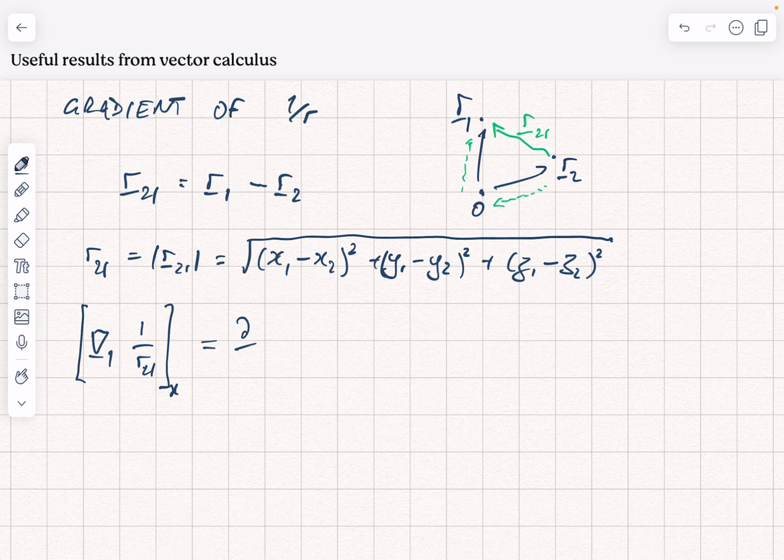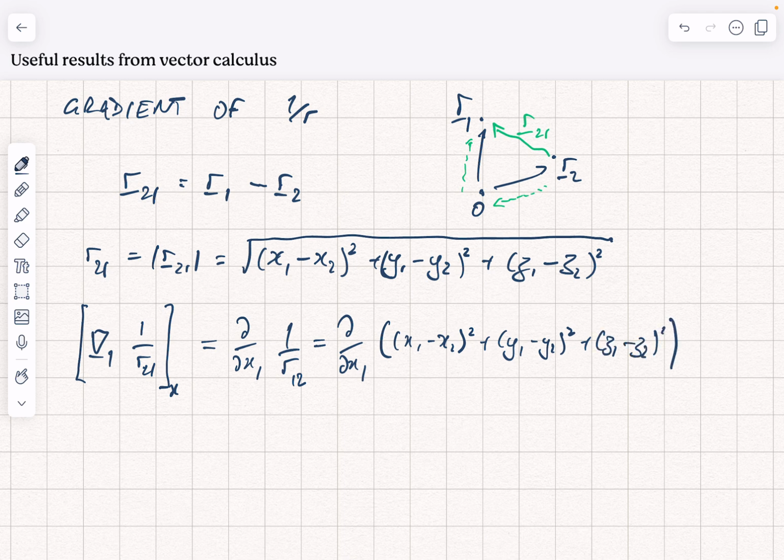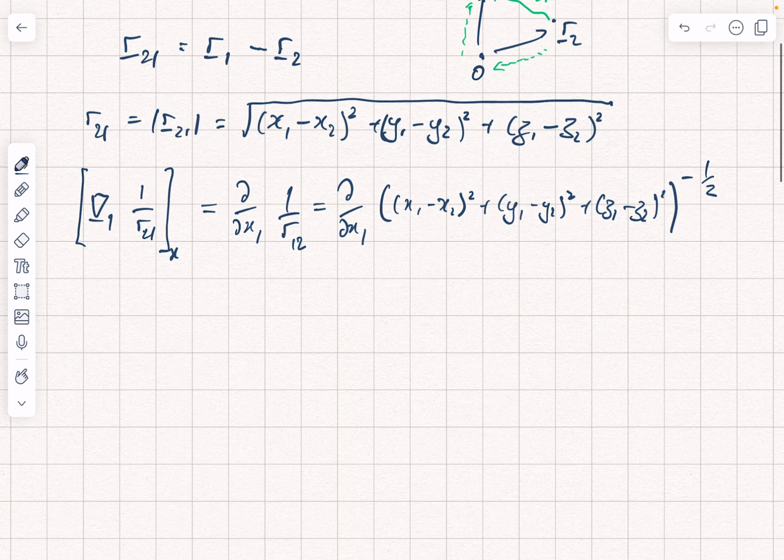And that, of course, is just d by dx1 of 1 over r21, which, if we write this out fully, is d by dx1 of (x1 minus x2) squared plus (y1 minus y2) squared plus (z1 minus z2) squared, all to the power of minus a half. So let's do the differentiation.